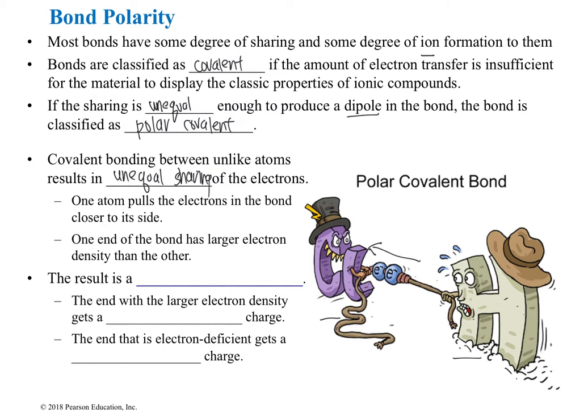We'd call chlorine electron rich, and hydrogen would be electron deficient.